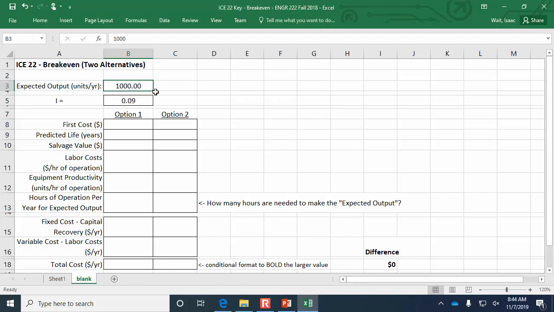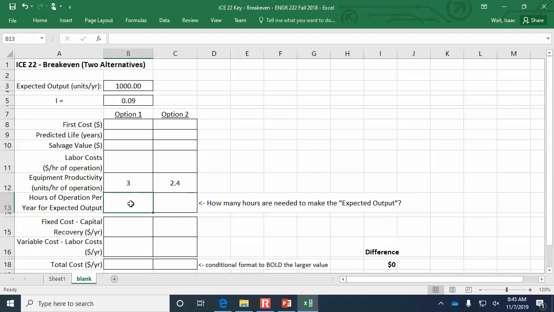And where you have this 1,000 units per year, notice what this is saying. How many hours are needed to make 1,000 units if what we know is that for option 1, the output is 3 units per hour, and then the other one is 2.4 units per hour.